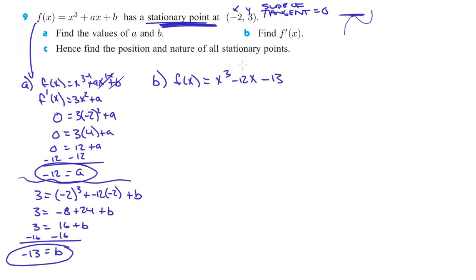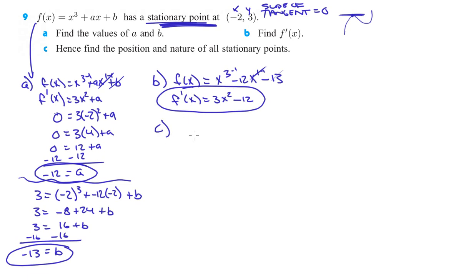Because this is our a and this is our b, now we can take the derivative. 3 times 1 is 3, x, 3 minus 1 is 2, right? 1 times negative 12 is negative 12. Subtract the 1 there, and our x's are gone, and our 13 is gone. So there's our derivative function for part B.